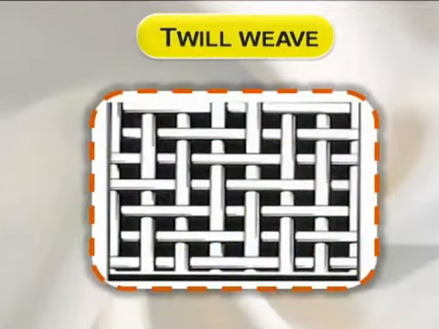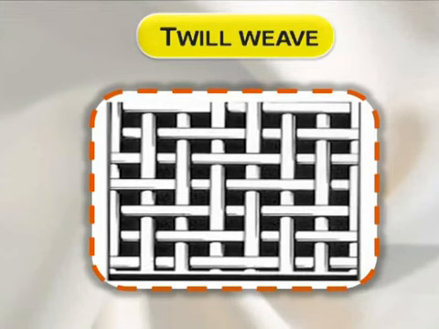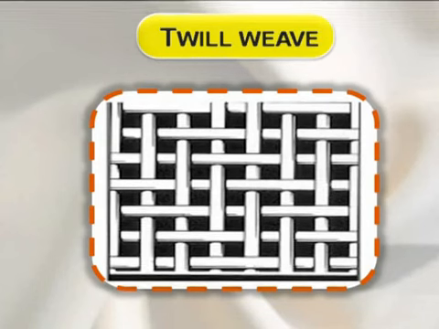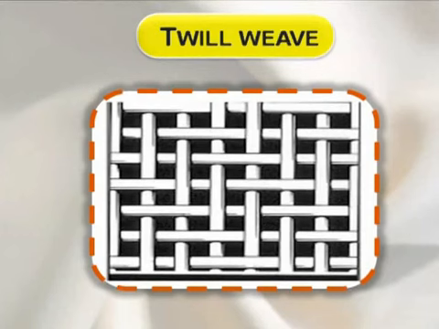Twill weave. The twill weave structure requires a minimum of 3 warp and 3 weft yarns to produce. This weave is distinguished by diagonal lines.